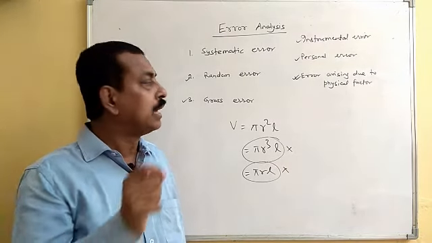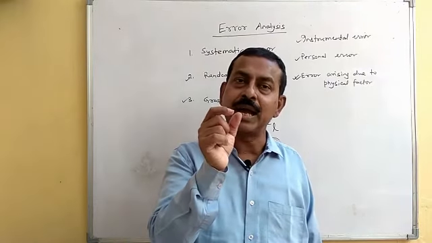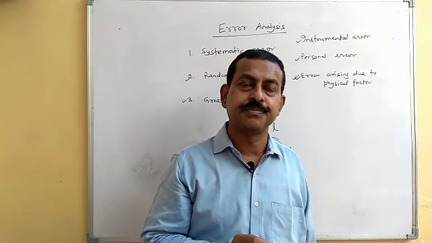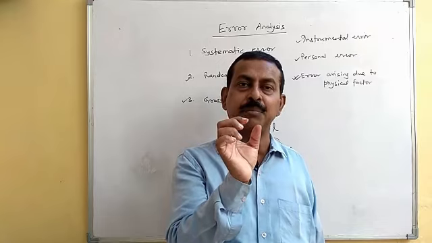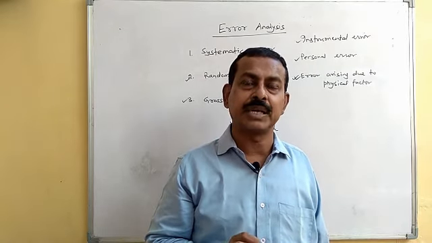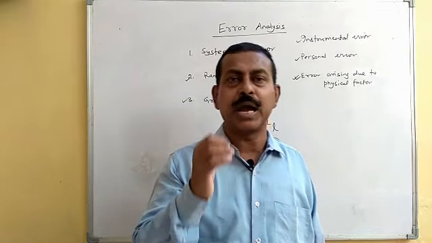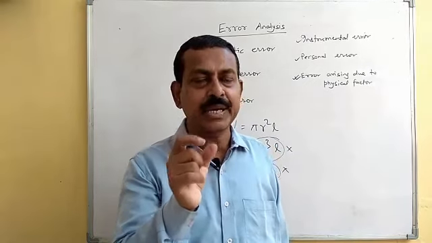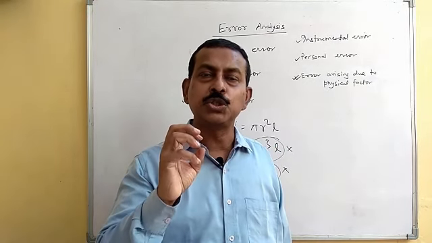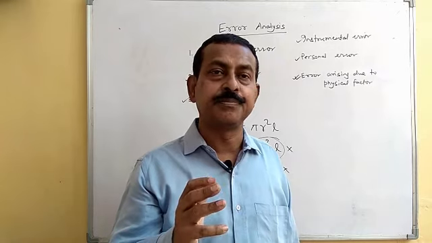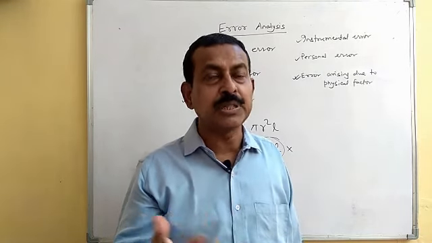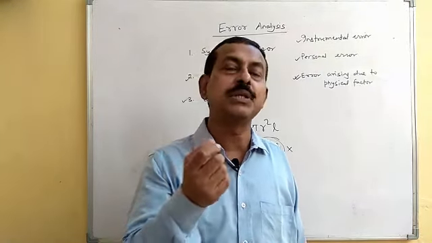That means, suppose you are measuring the diameter of a wire, so we take measurement a large number of times. Suppose at one point we have taken measurement where the screw has been tightened, it is possible that the second time the screw is loose.